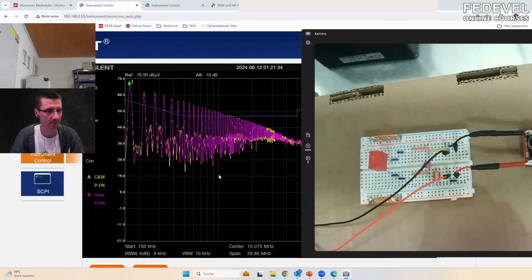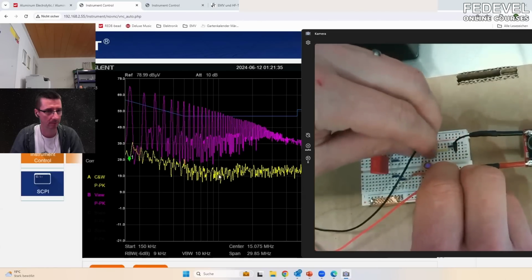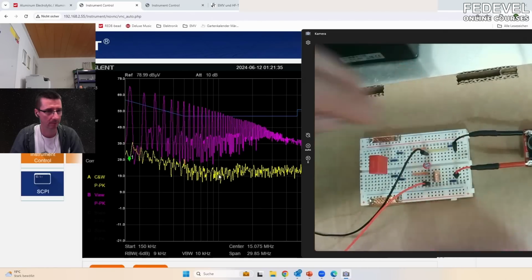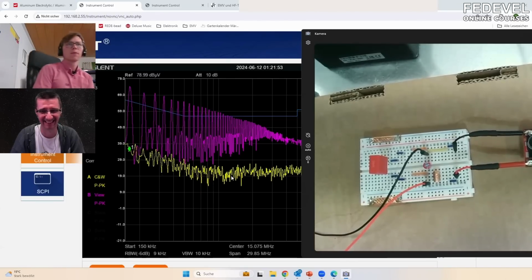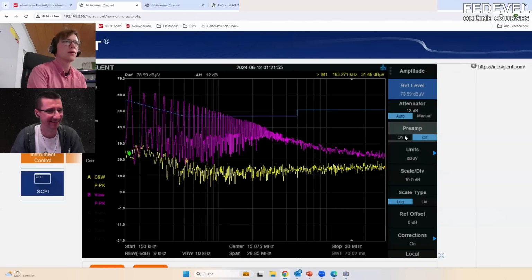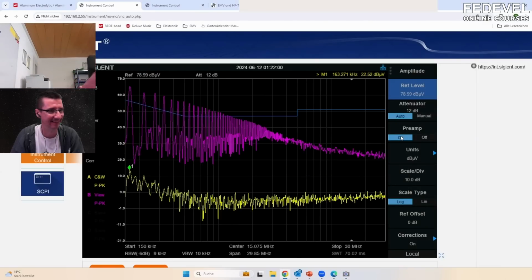So I disconnect the power, and then I go here to this measurement stage and connect it again. And this is what we see. And here I can now add the preamplifier again, then it gets a little bit lower.